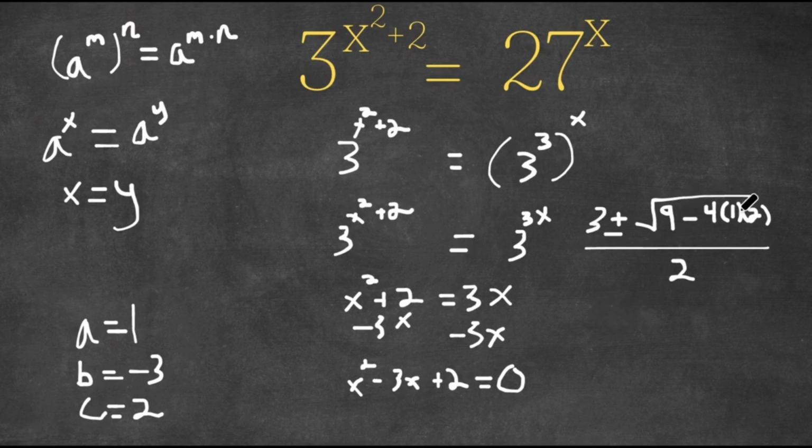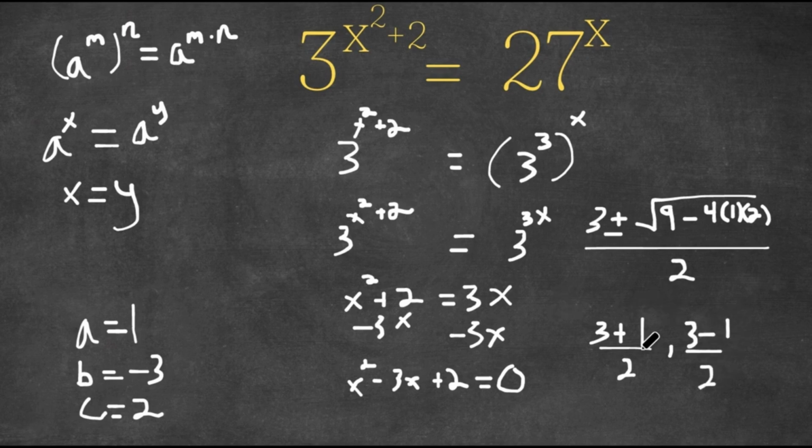Now, 9 minus 4 times 2 is 8, so we have 3 plus the square root of 1, which is simply 1, over 2. And we also have 3 minus 1 over 2.